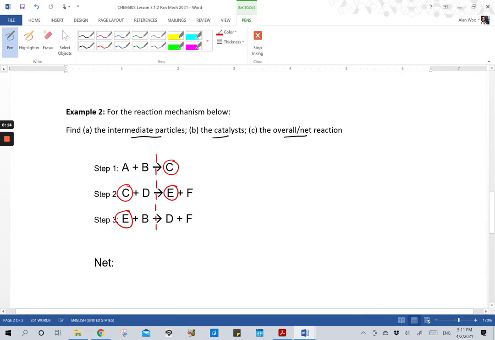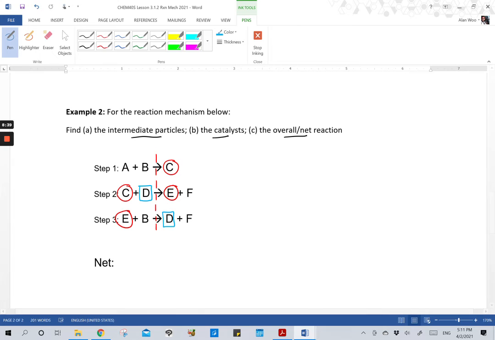There's 2 F's, but they're both on the product side. There's 2 B's, but they're both on the reactant side. There's only one of A. The only one that appears on 2 different sides is basically D. We find D on the reactant side, and we find D on the product side.